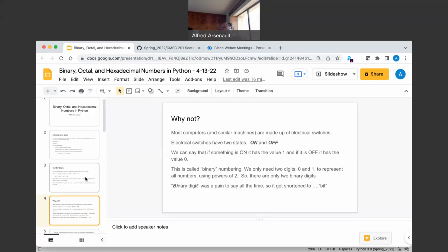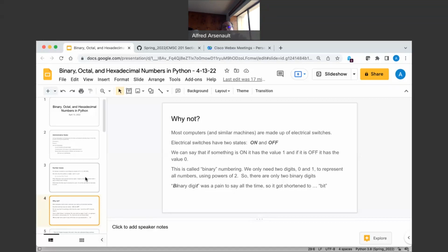Current can flow. Voltage states are set to one level or another. Since electricity and magnetism are related, if you've studied physics, you can do the same thing with magnetic fields. And all of these things basically have 2 states. An electrical switch is on or off. The electrical current is flowing or it's not flowing.